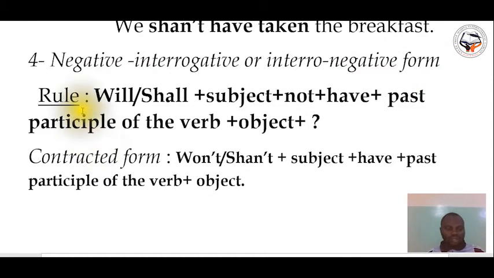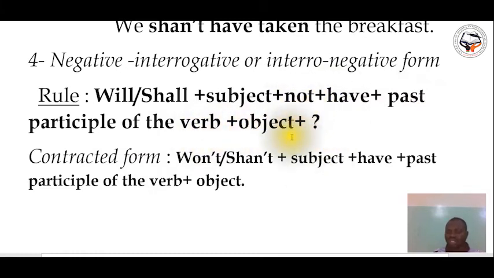The rule of the interrogative form or negative interrogative is you start your sentence with will or shall according to the subject. You start the sentence with will or shall plus the subject plus the negation not plus have plus the past participle of the verb plus the object and the question mark.